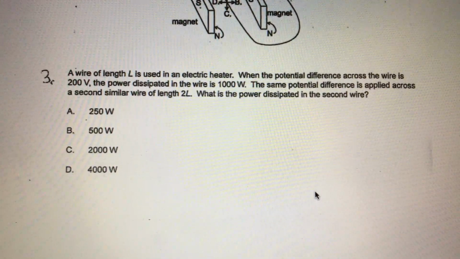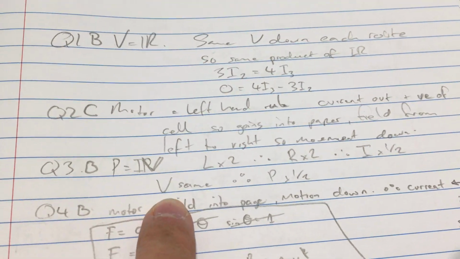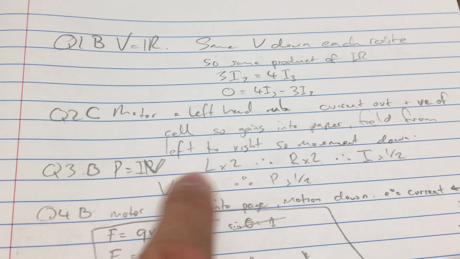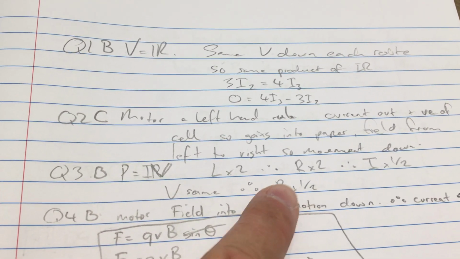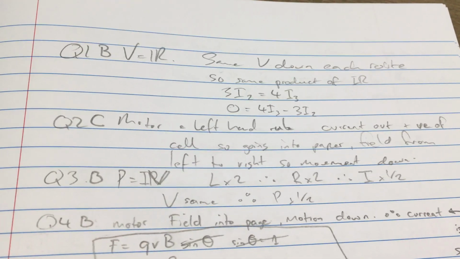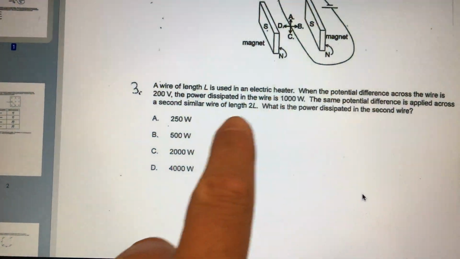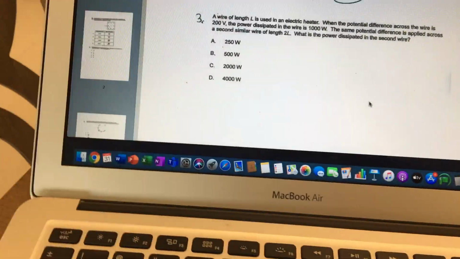Therefore, the current becomes half. You've got the same voltage, therefore P equals IV is going to be halved, because V is the same but I is half, so P is half. So P's half, which is down from 1000 down to 500, so that's question 3.